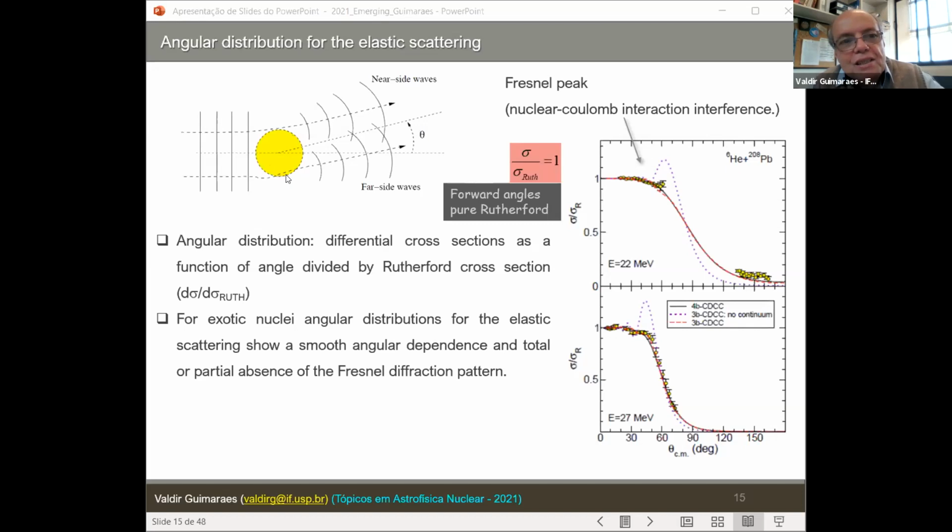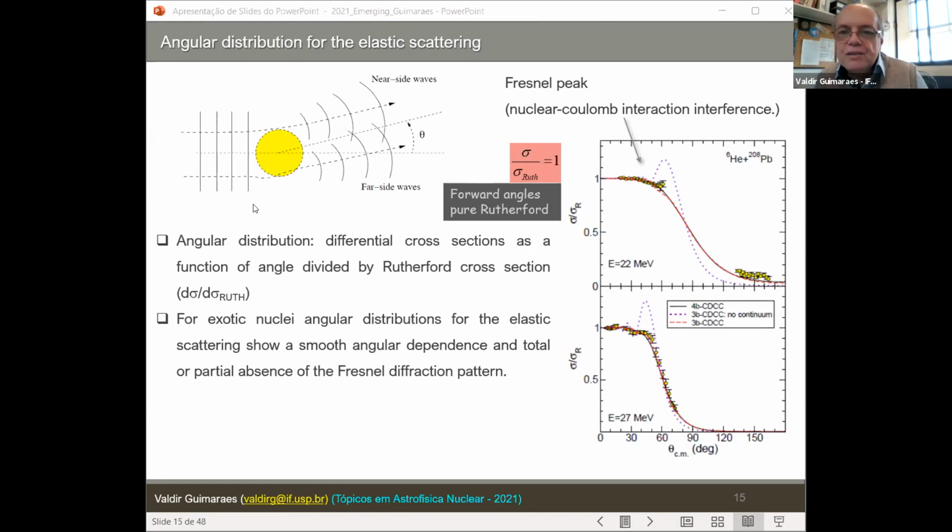You have a more diffuse surface, and because of this diffuse surface, the effect of this interference is small, and this peak disappears or is damped. So this peak shows up when the hard disk approximation works fine.